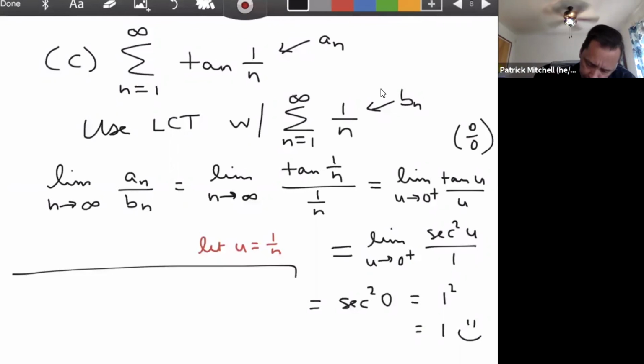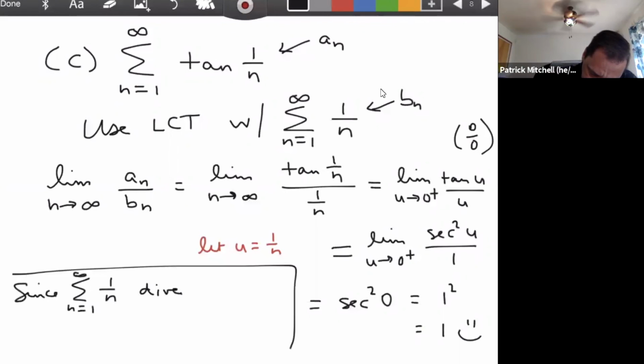So I'm going to finish this off by saying since the sum n going from 1 to infinity of 1 over n diverges. And in terms of the reason why it diverges, you could either say that it is a p series with p equal to 1, which is less than or equal to 1. Or you can say it's the harmonic series.